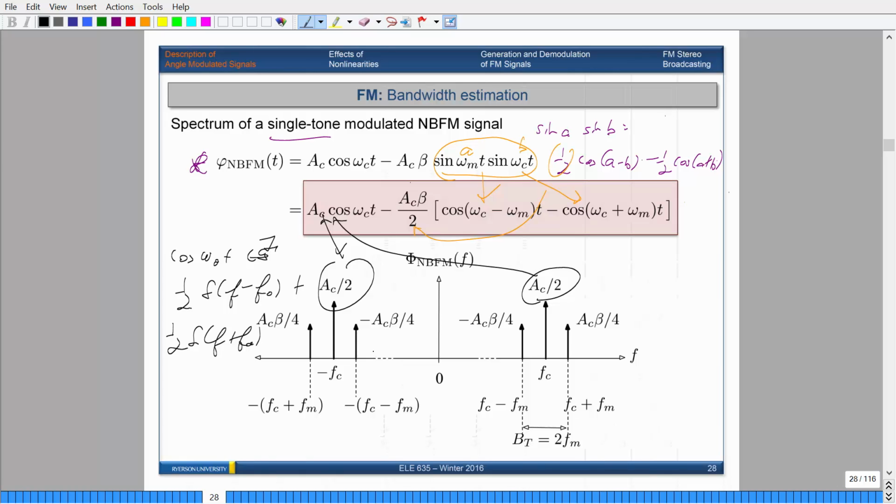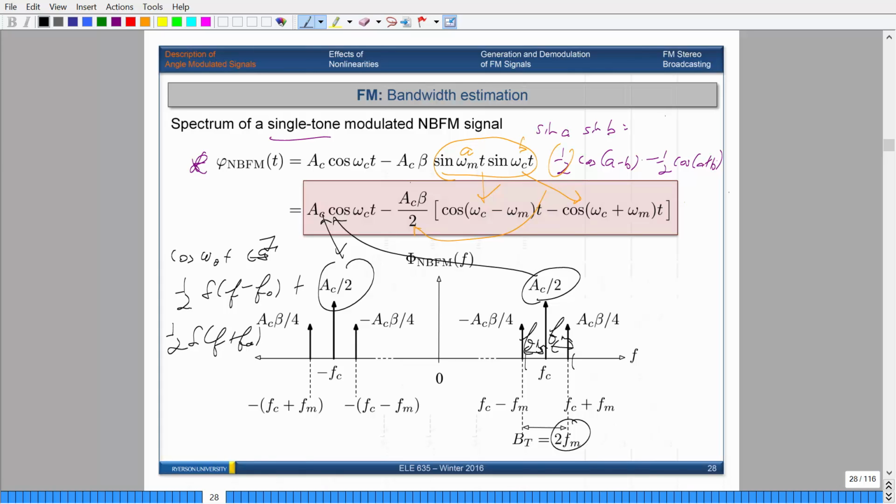Okay, so pretty standard. Also for the narrowband case, take a look that the bandwidth that you need is simply twice the message frequency. Remember, the difference between here and here is simply fm, and the difference between here and here is also fm. So if you take the difference between here and here, you get twice the bandwidth of your message.